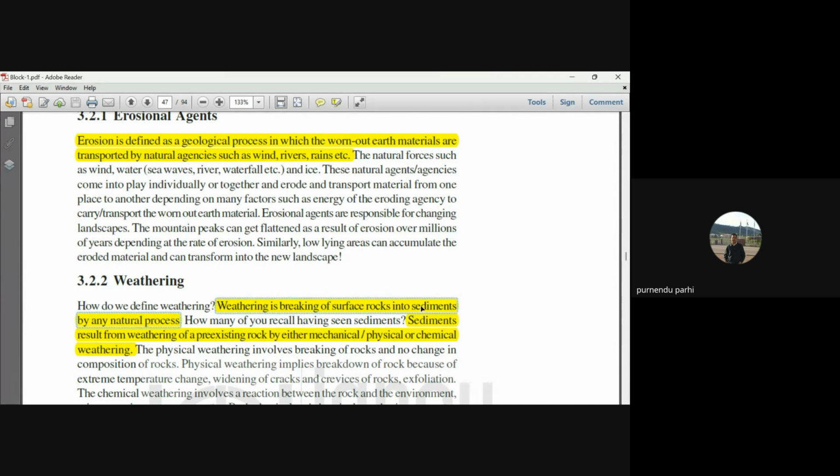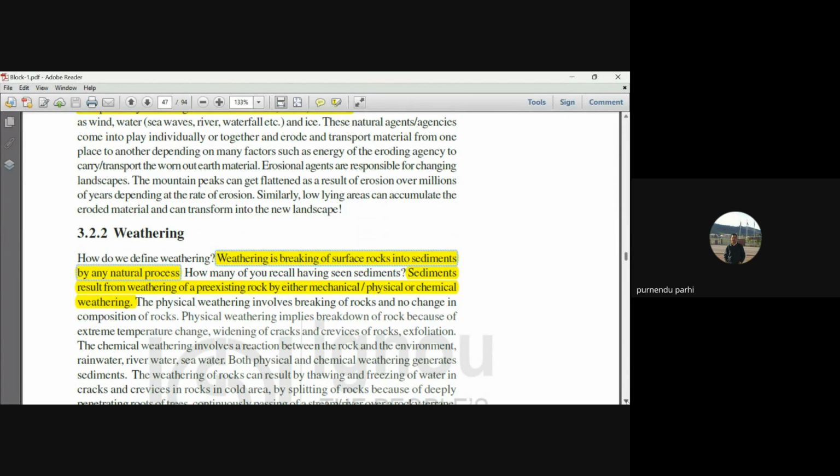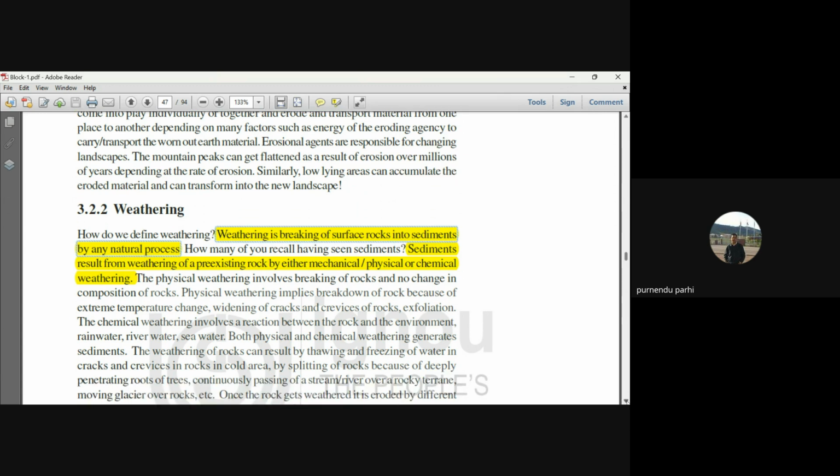Physical weathering implies the breakdown of rock because of extreme temperature change, widening of cracks and crevices of rock, exfoliation. Chemical weathering involves a reaction between the rock and the environment: rainwater, river water, sea water, etc.